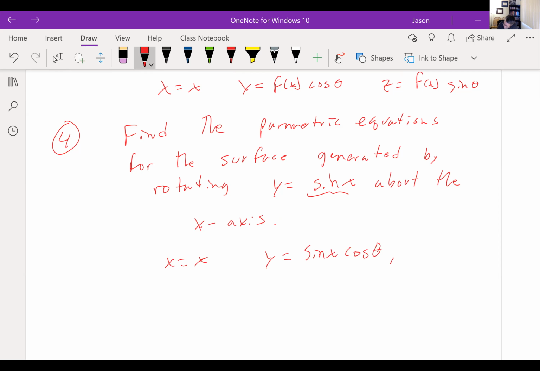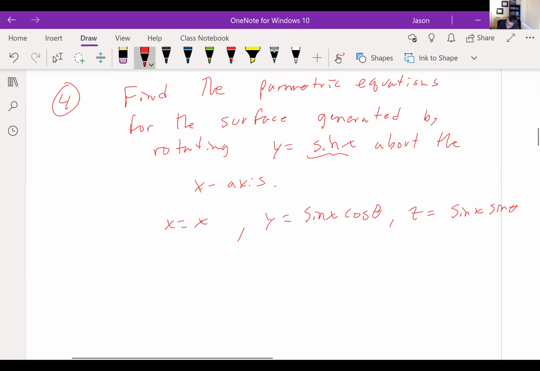Okay, and z is equal to sine x sine theta, where x has a restriction of 0 to 2 pi, and theta also has the same restriction. Why does x have that restriction? Because it's coming to us from the sine function.